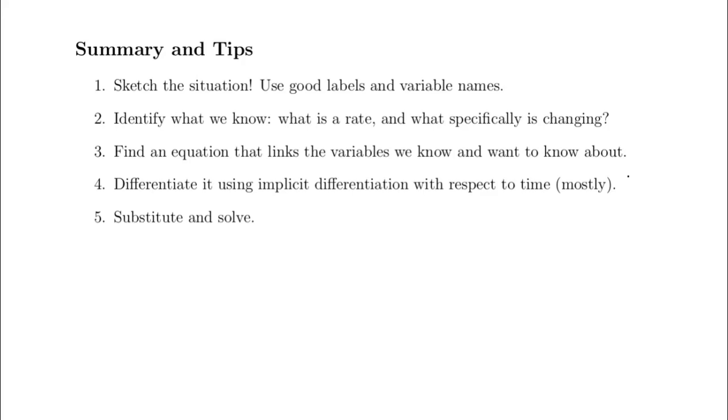Sometimes, like in this last problem, we had to do a little bit of work to connect our equation to something that we had information about, right? Then we go ahead and differentiate that equation using implicit differentiation, and most of the time it's with respect to time. A lot of these related rate problems are things changing as time moves forward, which should make sense in application. Substitute all the things that you know and just solve for the thing that you don't.